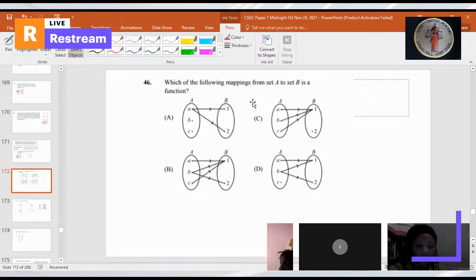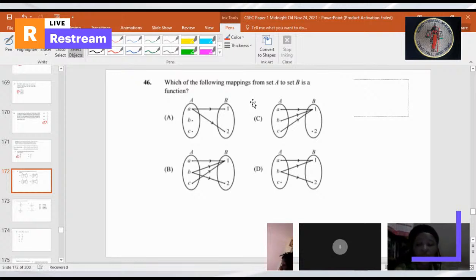If each element in set A is going to only one element in set B, then it's a function. It can be many to one or one to one, but it can't be one to many.